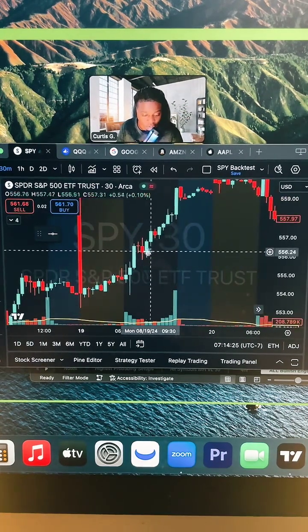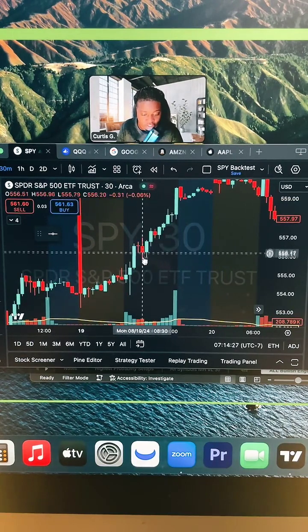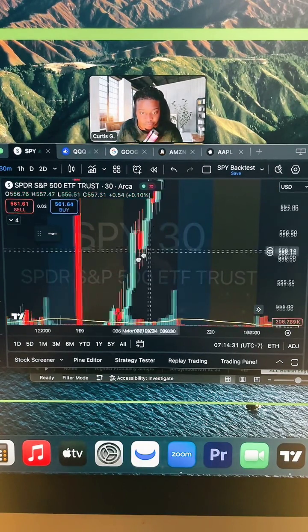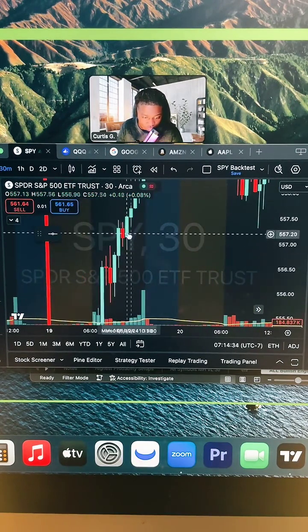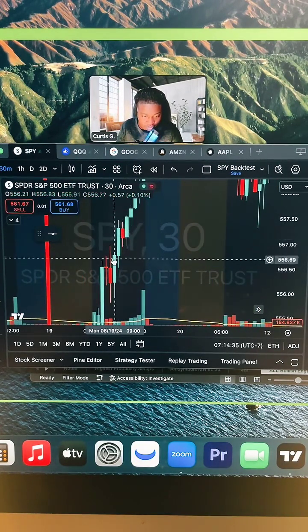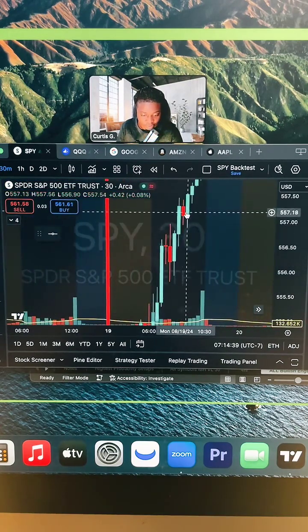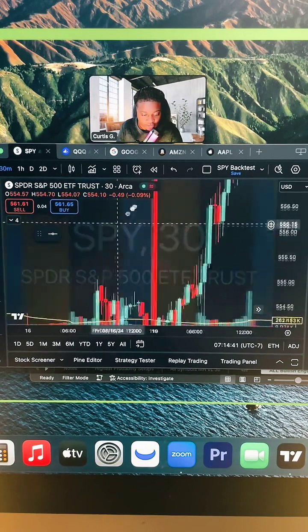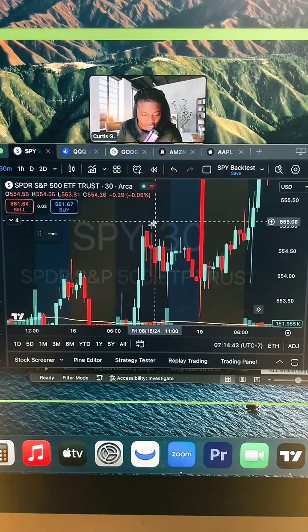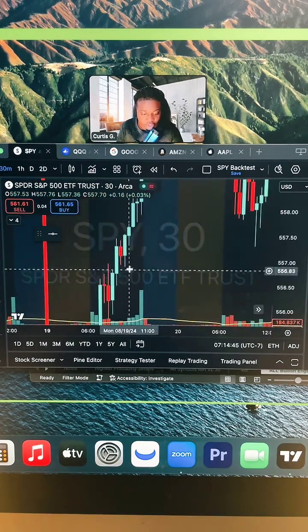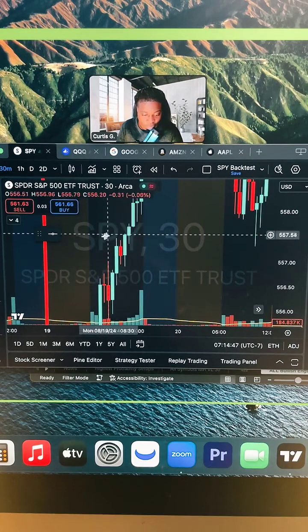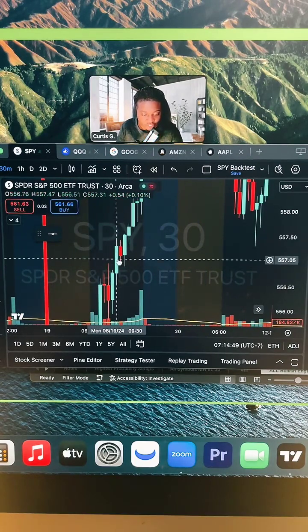Here we're looking at SPY from Monday, August 19th, and we see a bullish engulfing right here that occurred above the previous day high. Here's Friday's high down here. So we've got our first step completed: a bullish engulfing that occurred above the previous day high.